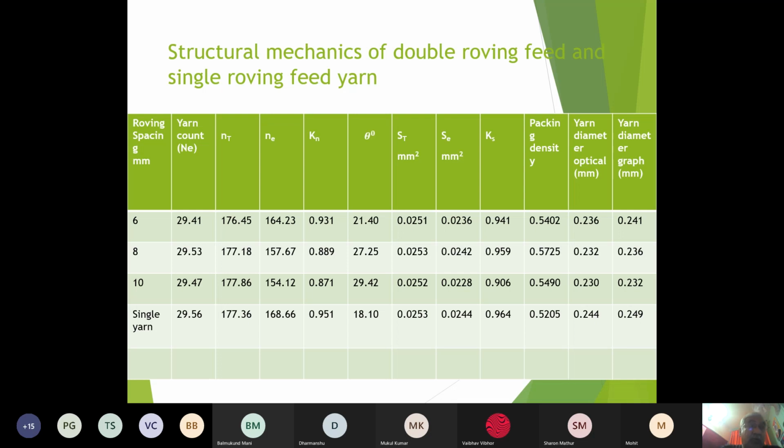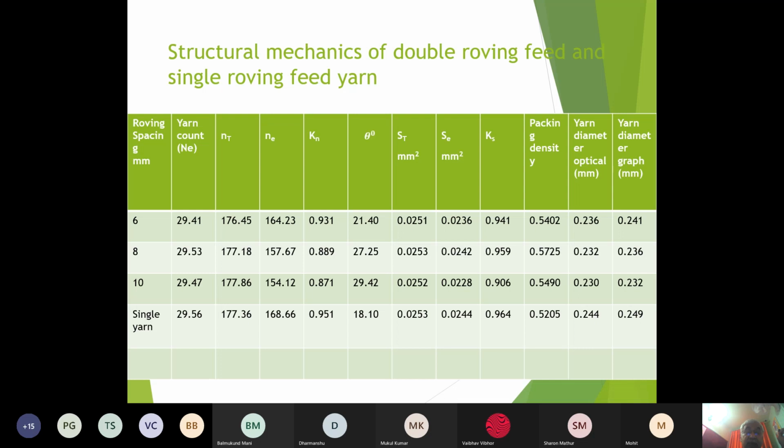And it is also true that double roving feed yarn strength is more than single feed yarn. But the number of fibers in the cross section in single feed yarn is more. So if I take my conclusion on the basis of the number of fibers in the cross section, and if the number of fibers in the cross section is increasing, then my strength of the yarn should increase, but it is not reflecting the same way.